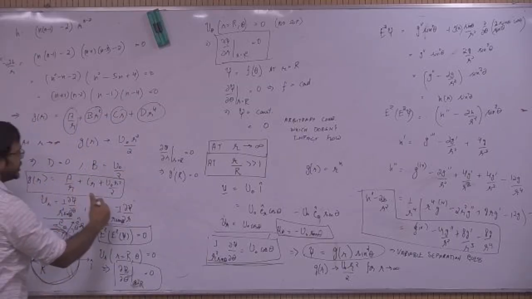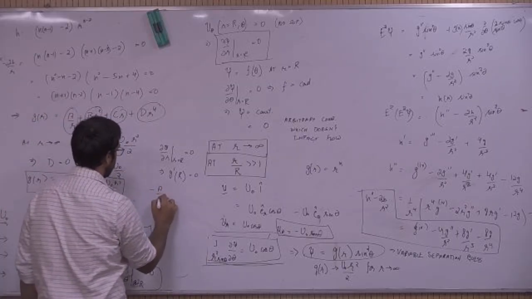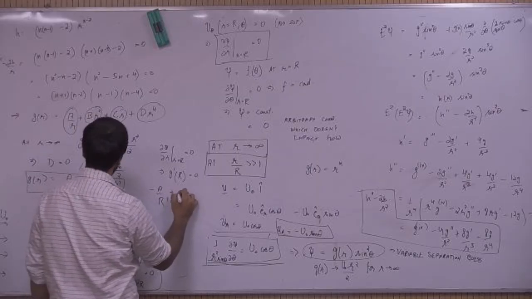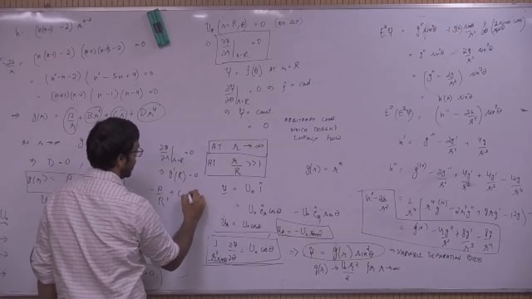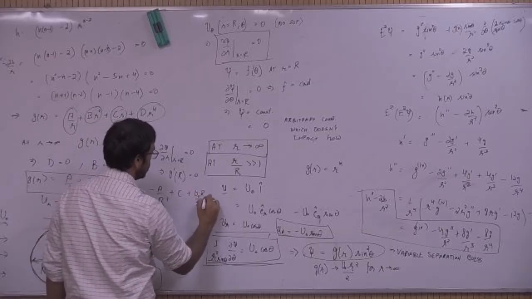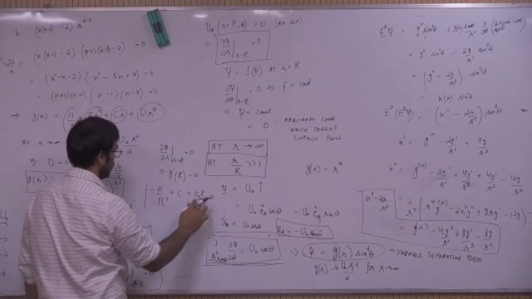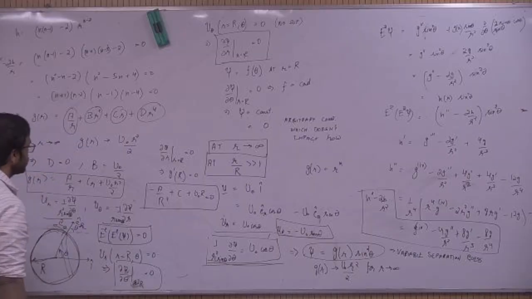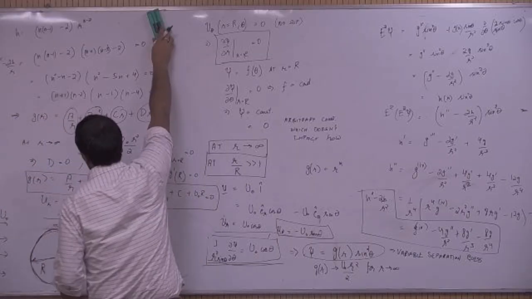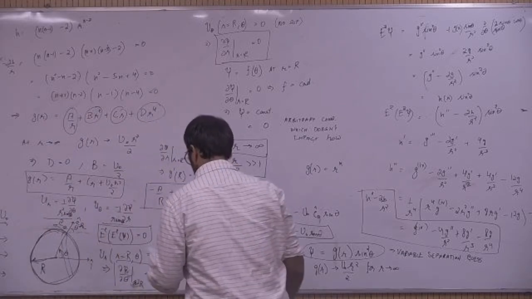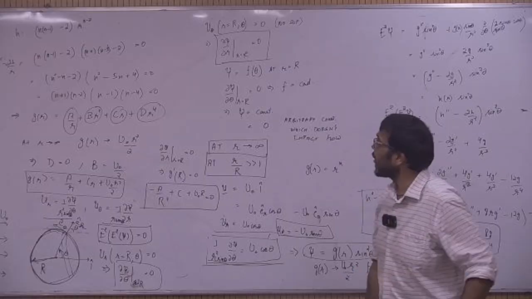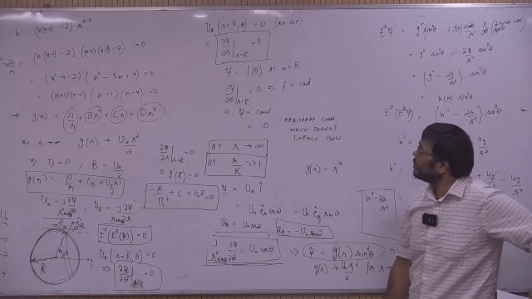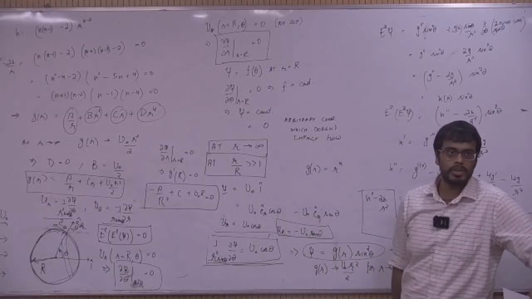So what do we get for g prime? Minus a over capital R square plus c plus u naught r by 2 is 0. We have to solve for both a and c.